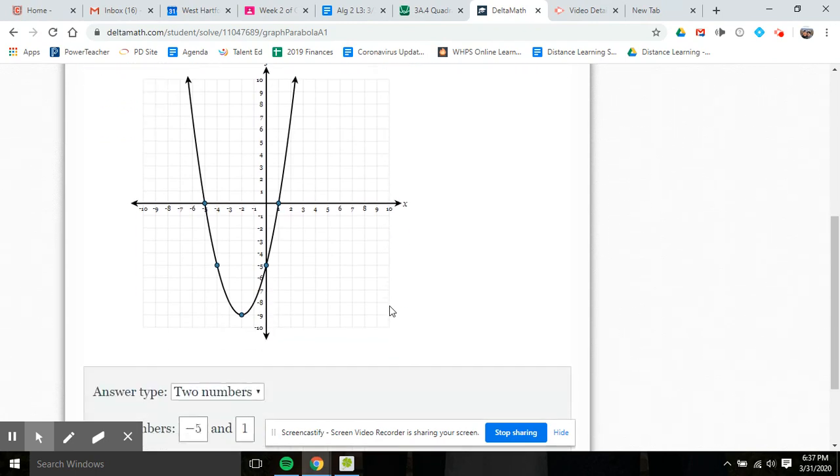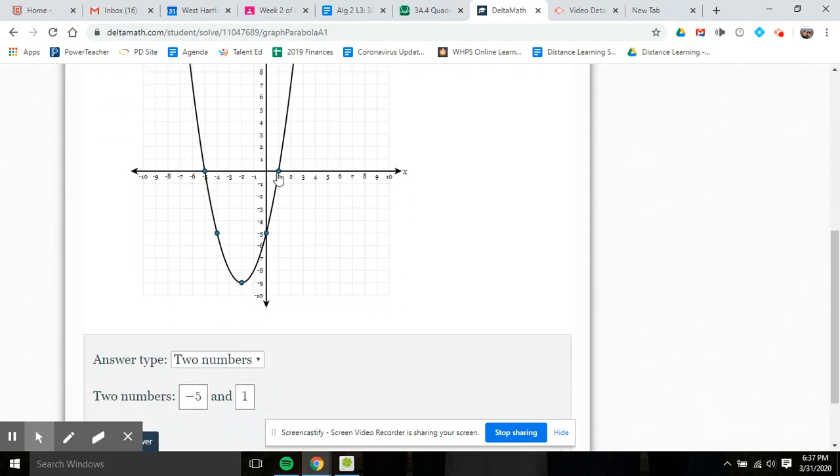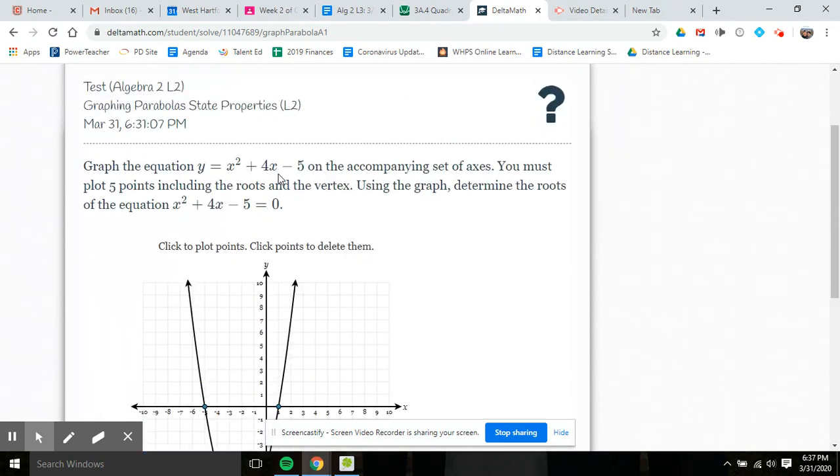Before, I had 5 points plotted, but notice I don't have the roots plotted when I do that. So I could either get rid of these 2 points and plot them. I chose to get rid of those 2 points. So now I have the vertex and the 2 roots plotted, and it says that I need to include the roots and the vertex.